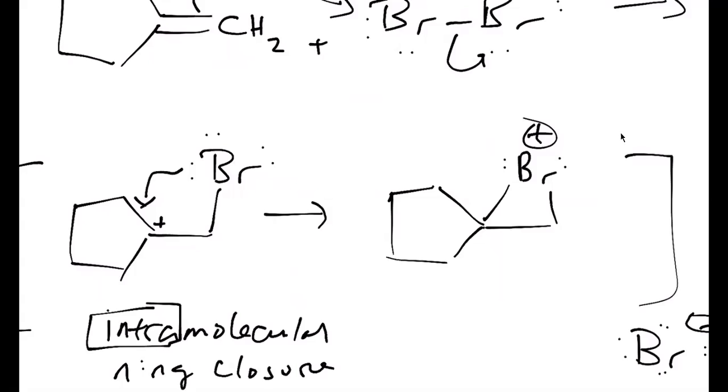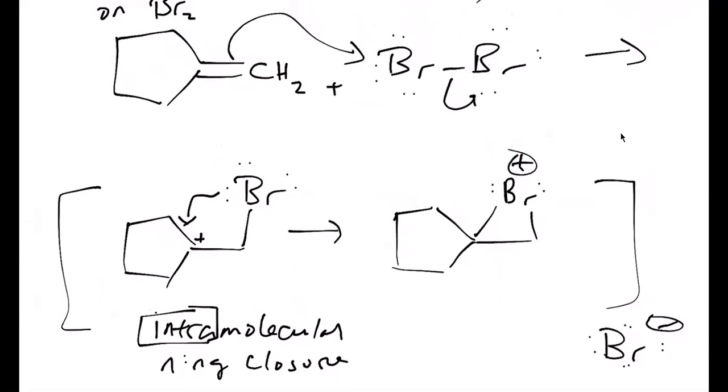Now, normally you don't draw this like this, but I'd much rather you see how it closes up as opposed to just trying to be fancy and putting a 3-member ring and then you sitting there looking crazy, like, what just happened, right? So when the double bond attacks bromine, like we see up top, you're breaking that carbon-carbon double bond. So this carbon right here is going to become electron deficient. That's why I put a plus charge there.